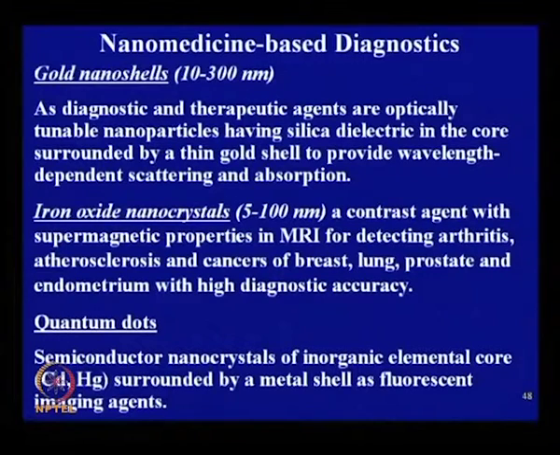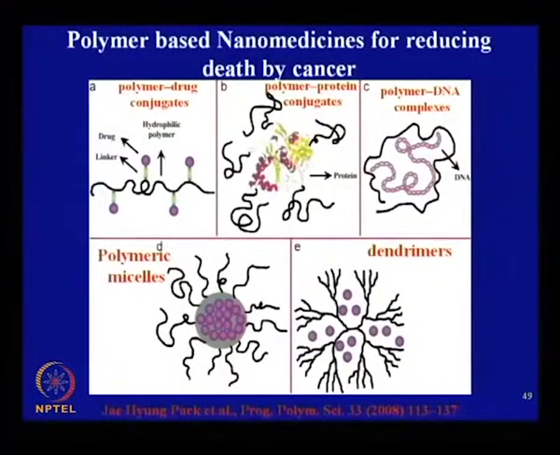Quantum dots, semiconductor nanocrystals of inorganic elemental core having cadmium and mercury surrounded by a metal shell, are used as fluorescent imaging agents. Okay. This is very interesting. Polymer based nanomedicine for reducing death by cancer. Have a look into this.